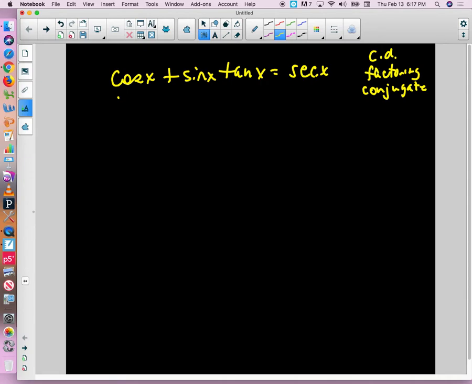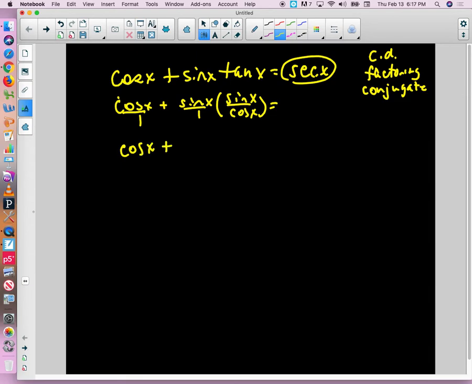Okay, so about the only thing I could do here is change tangent to sine over cosine. And I'm not going to mess with this side. All right, this is over 1. And so that gave me cosine x plus, multiply those, you get sine squared x over cosine x.